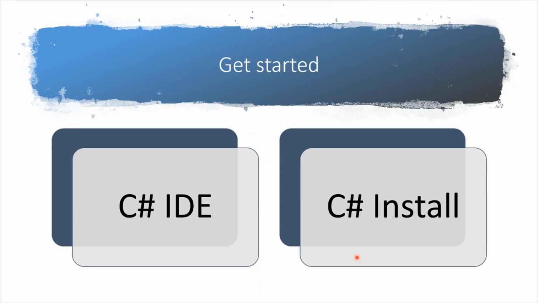We will need two things before getting started, because this tutorial's basic goal is to do a basic program in C Sharp. So for that we will need two things.